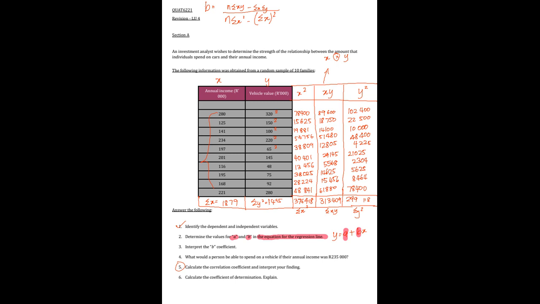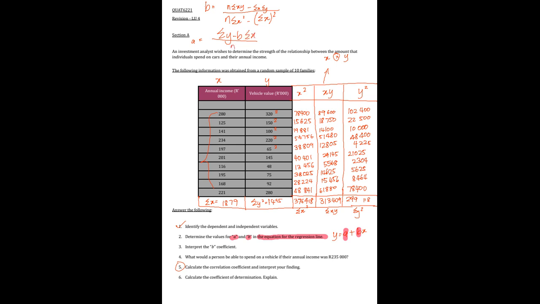So here let's break it down and identify what actually goes into this formula. And then once we have the value for B, we can then calculate the value for A, which is calculated as the sum of y minus b times the sum of x, over n.